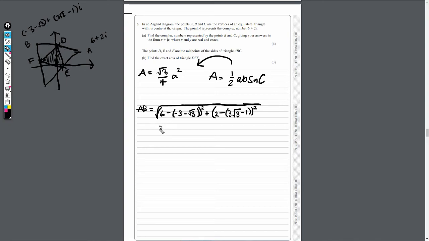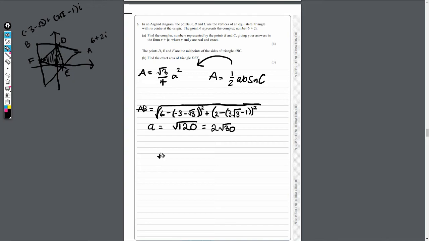I've already put this all into my calculator, but if you do this correctly, what you should get is the square root of 120, which you can write as 2 root 30 if you want. But using this formula, it's probably just easier to keep it as root 120. So plug in my A into this formula here, and we can get an exact area of the triangle DEF.